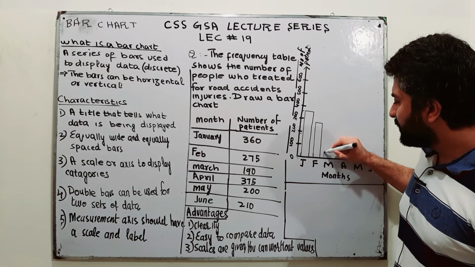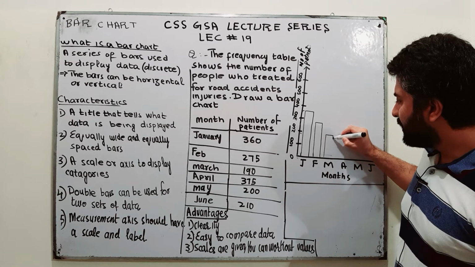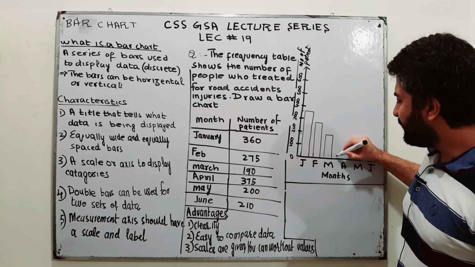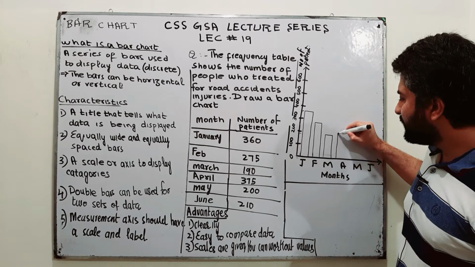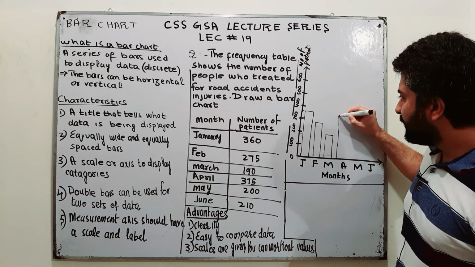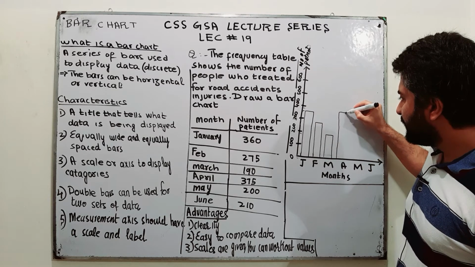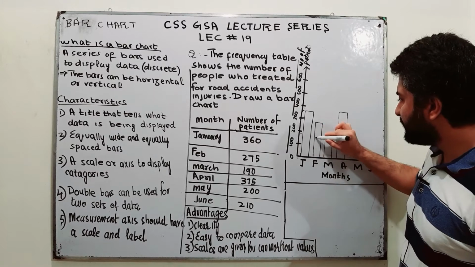This is March. Then in April you have 375. We have more patients in April. This is 350, this is 375. The width of the bar should be the same, as you can see.